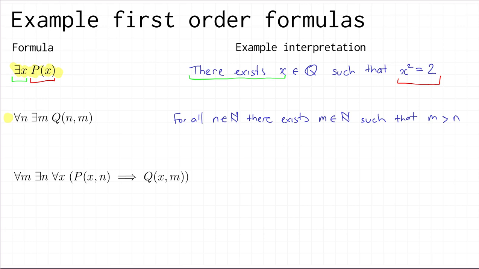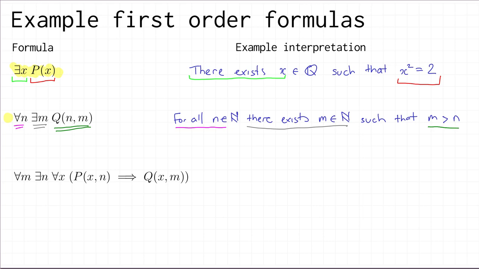Again, let's match up the parts of the interpretation to the parts of the formula. For all n, well, that is this part here. Then the part that says there exists m, that is this part here. And finally, the two-variable relation Q is being interpreted as saying that m is greater than n.